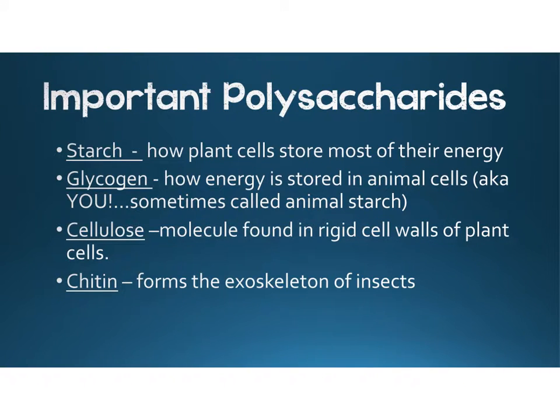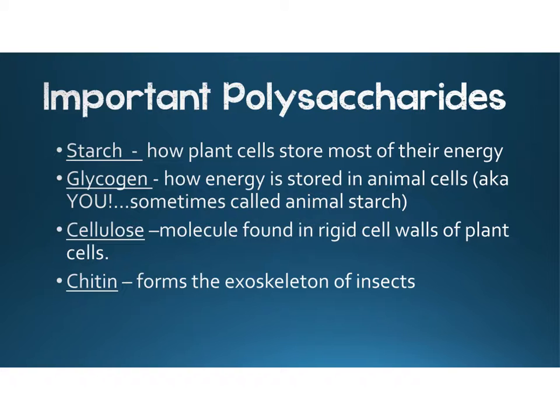So what are some of the most popular examples of different polysaccharides in life? Well, I've already talked about starch. Starch is how plant cells store most of their energy. And I've also talked about glycogen. Glycogen is the animal version of starch. So it's sometimes called animal starch. It's how energy is stored in your animal cells. You're a member of the animal kingdom.